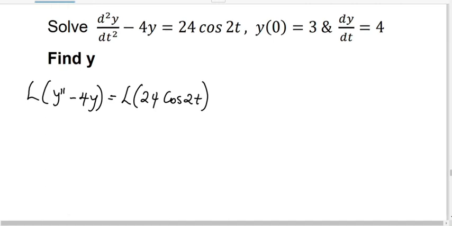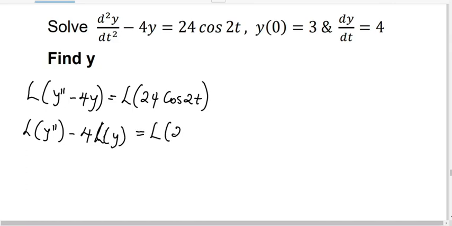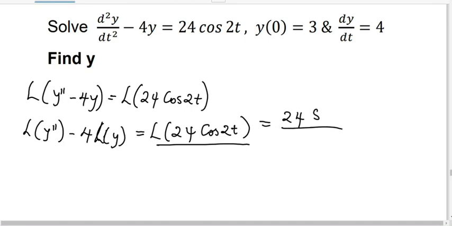By linearity, this will be the Laplace transform of y double prime minus 4 times the Laplace transform of y equals the Laplace transform of 24 cos 2t. And we know this gives us 24 times the Laplace transform of cos 2t, which is s over s squared plus 4.